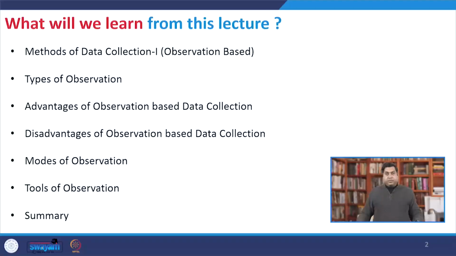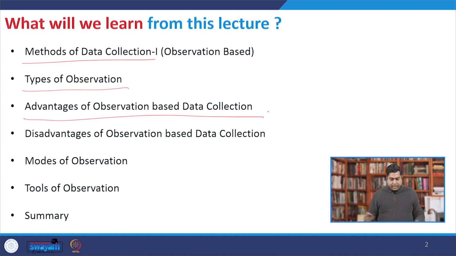Now, the content of this particular lecture, or what we are going to learn out of it: we will try to understand the methods of data collection, observation based type, then the types of observations, that is, how we can classify the observation, and then what kind of device you want to use, and their drawbacks and advantages.